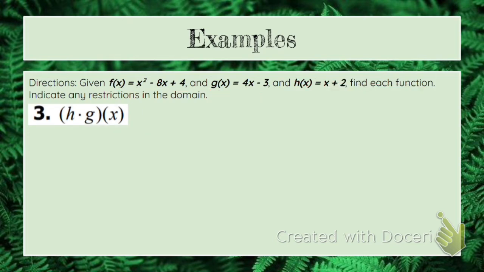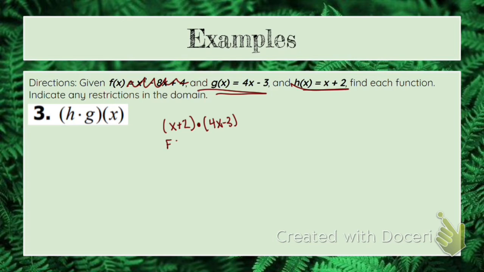All right, in number 3, we're going to take h times g of x. So we need h of x, we need g of x, we don't care about f in this one. So h is x plus 2, g is 4x minus 3, and we want to multiply those. Remember that whenever we multiply binomials, we have to use the FOIL method.